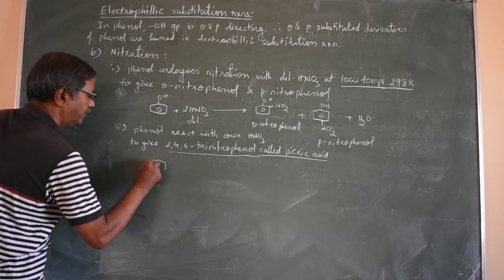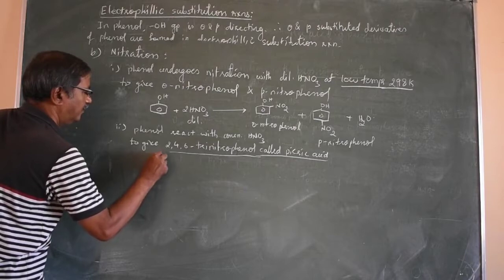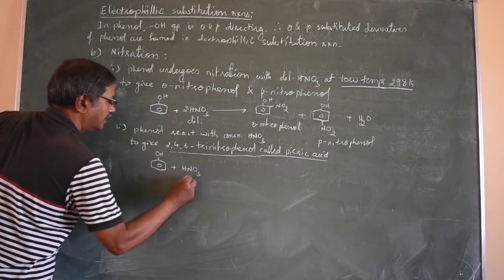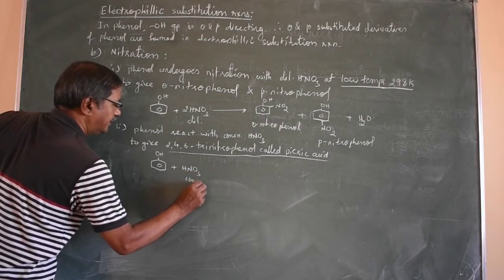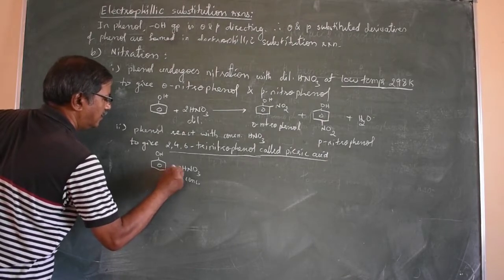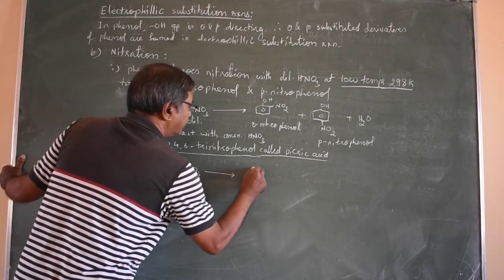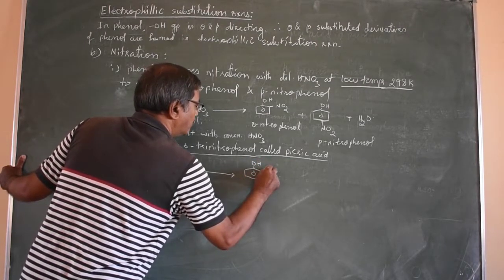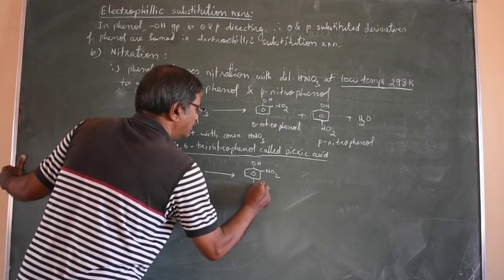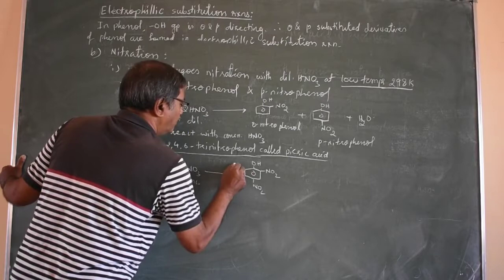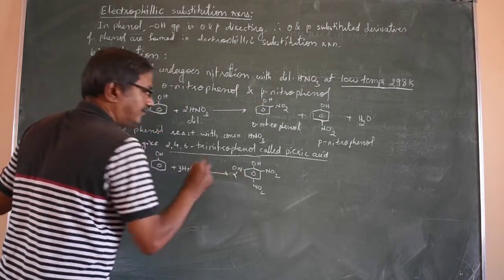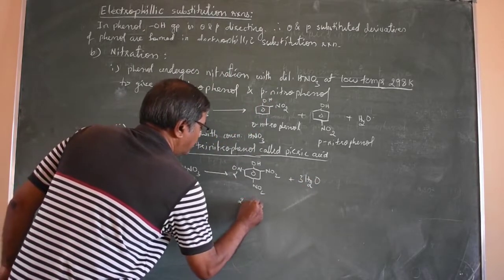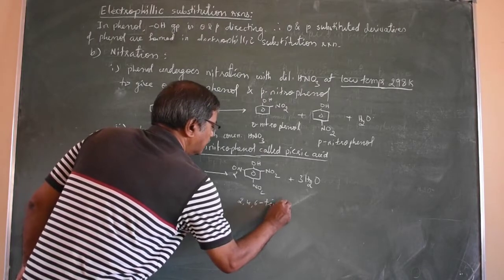You get a yellow colored precipitate here. Phenol plus HNO3, which is concentrated. It's important, writing concentrated is important. The product is 2,4,6-trinitrophenol, with OH, NO2, NO2 and NO2, plus 3H2O.